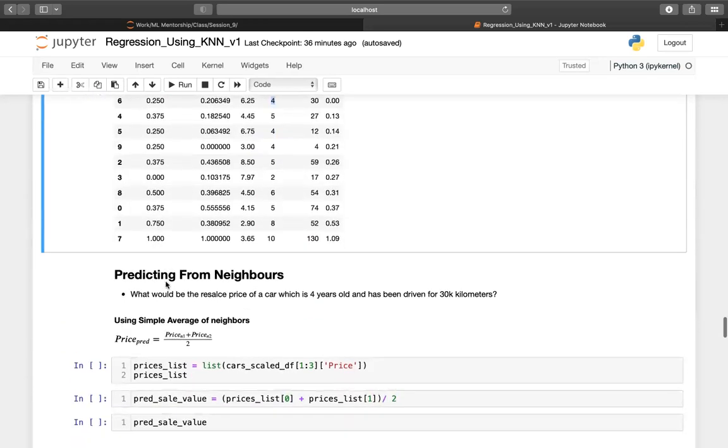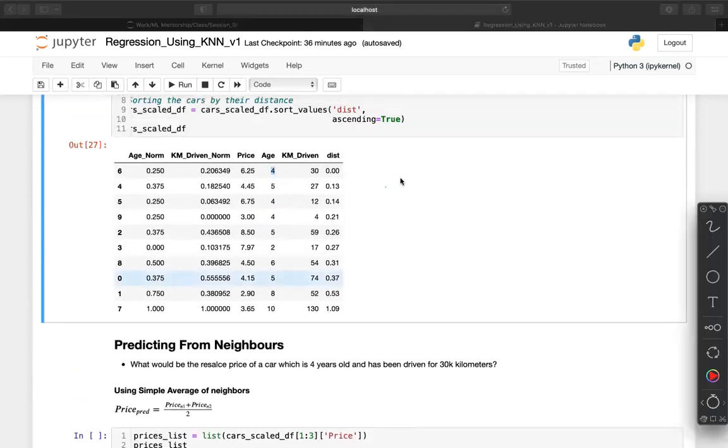Okay, now if I have to predict, of course we already got a very exactly similar example, which is 4 years old and 30,000 kilometers driven. But let's say we don't have that sample in the data, and we are asked to predict the value of a car which is 4 years old and 30,000 kilometers driven. So how do we predict? We'll take the neighbors.